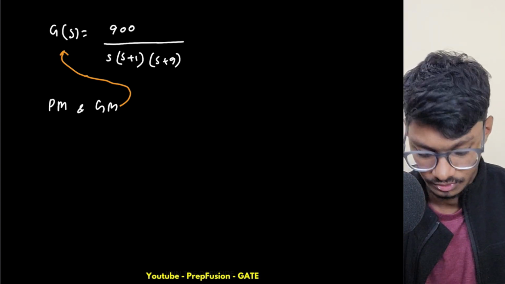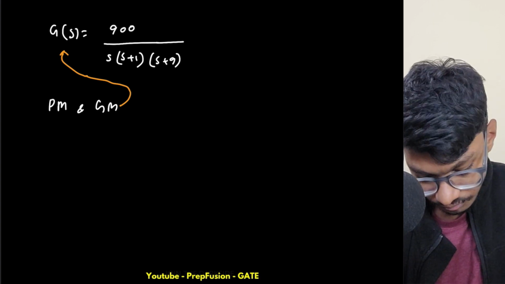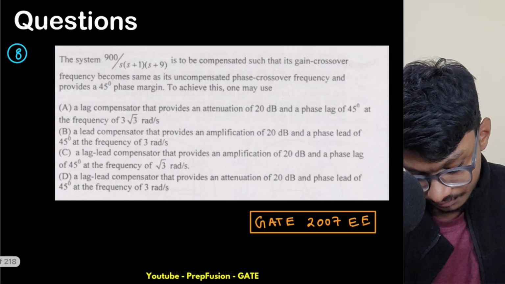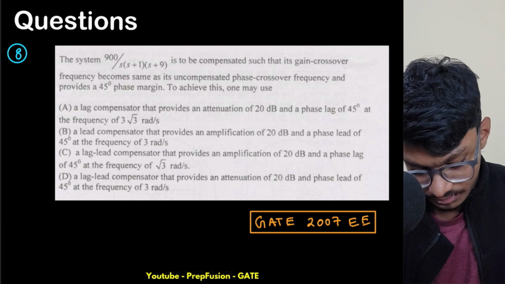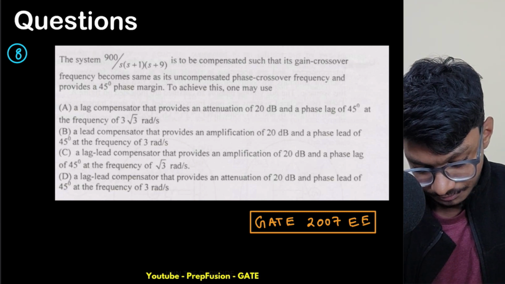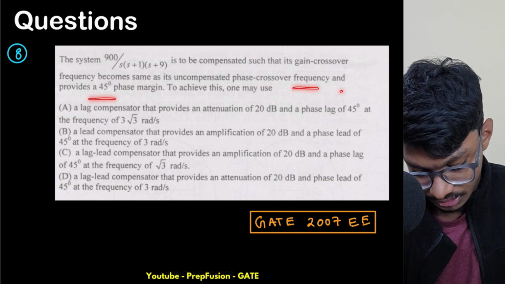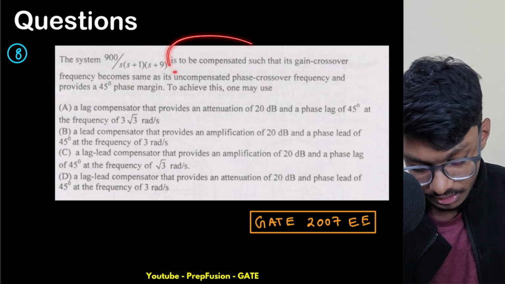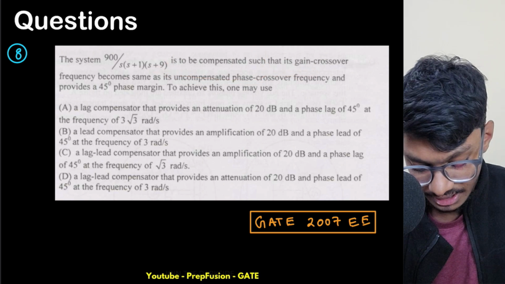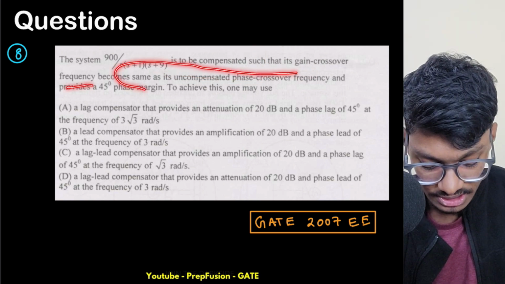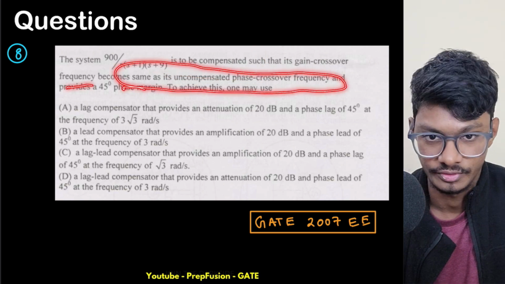This is how we distinguish it, by phase margin and gain margin. So now this is s into (s plus 1) by (s plus 9). The uncompensated phase crossover frequency provides a 45 degree phase margin. So it is to be compensated such that its gain crossover frequency becomes the same as its uncompensated phase crossover frequency.